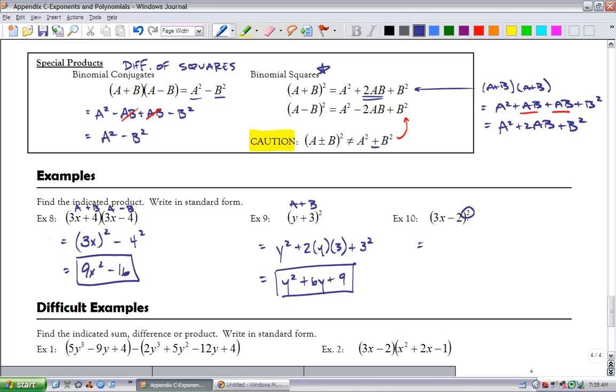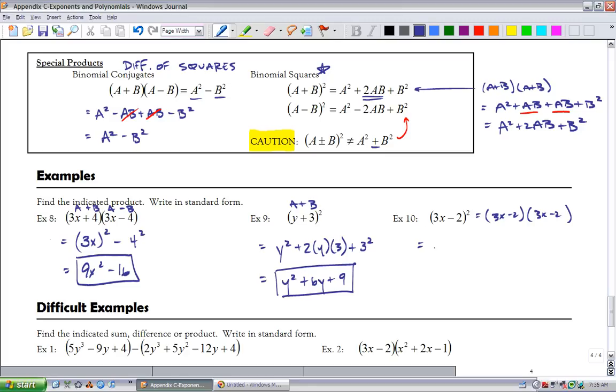And then the last one, again, it's a squared. Now, these are shortcuts. You could, if you wanted to, just write this out as 3x minus 2 and 3x minus 2 and use the FOIL or distributive property if you wanted to. But in this case here, we're going to go ahead and use our special product here.